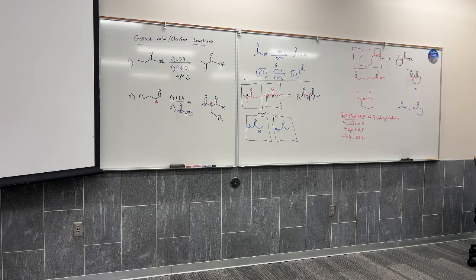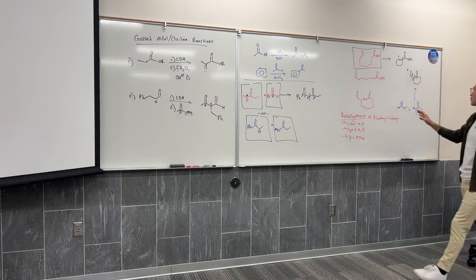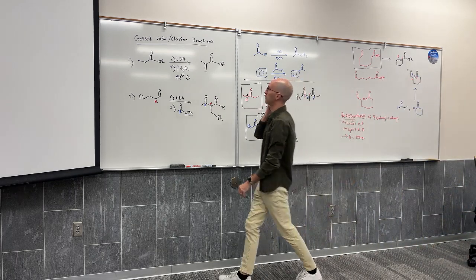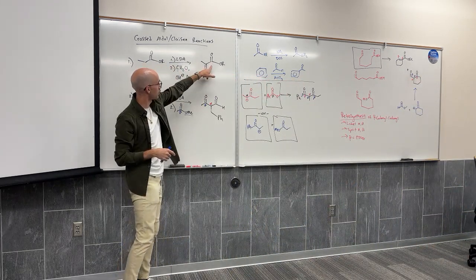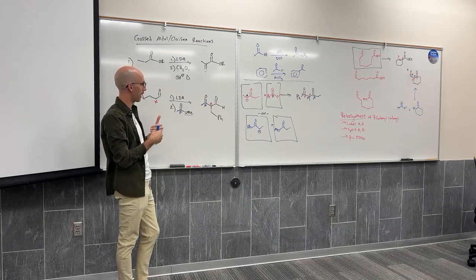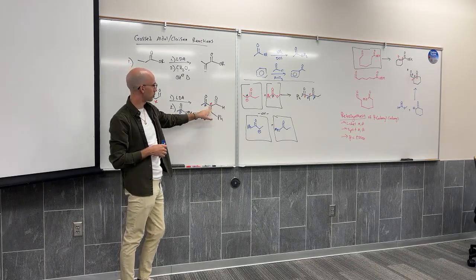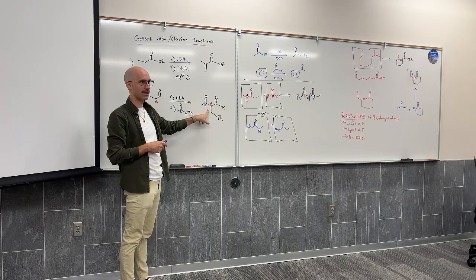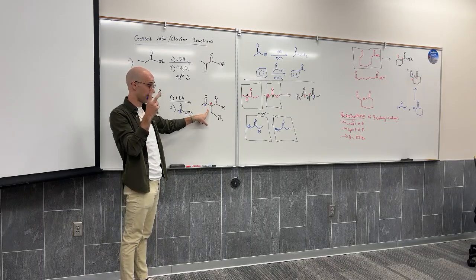Ethyl ethyl ketone, phenyl ethyl ketone. Two different ways to dissect it. That's not always true. Oftentimes, if there's an ester, there's only one way to dissect it and break it backwards. But when you've got just a ketone and an aldehyde, you often have two different routes.